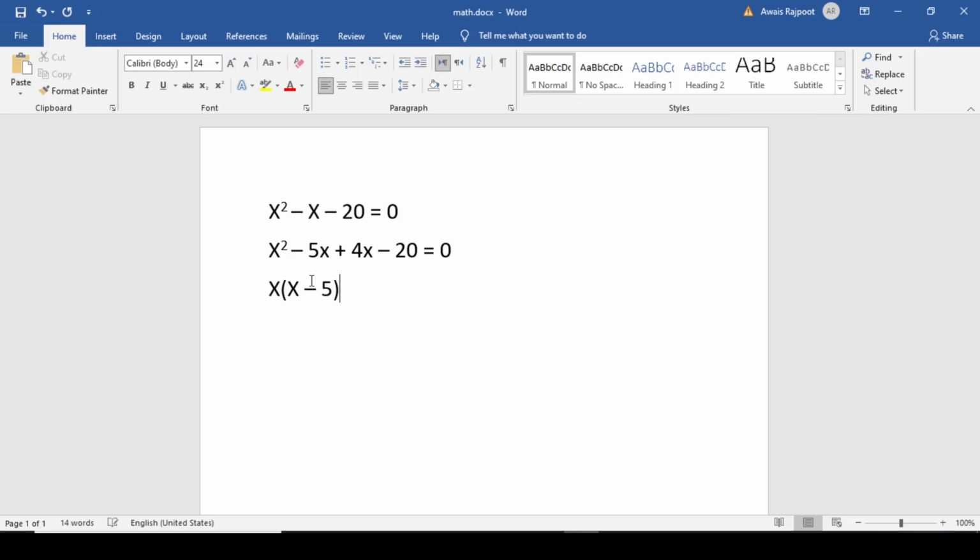What is common in the next two terms? 4. 4 multiplied by 1 is 4, and 4 multiplied by 5 is 20. So plus 4, then x minus 5 in brackets, is equal to 0.